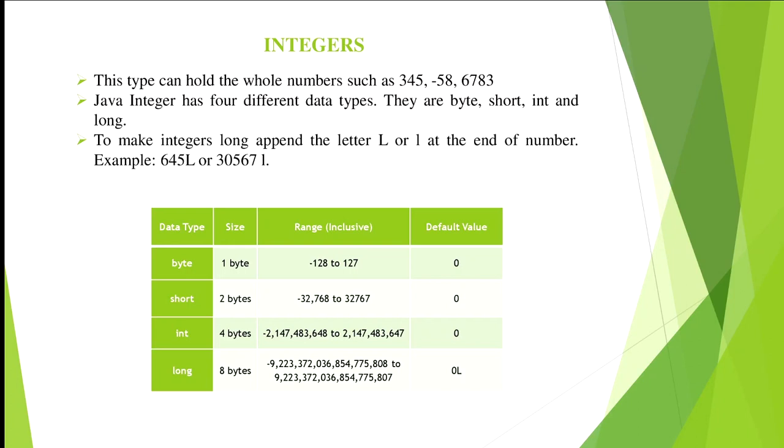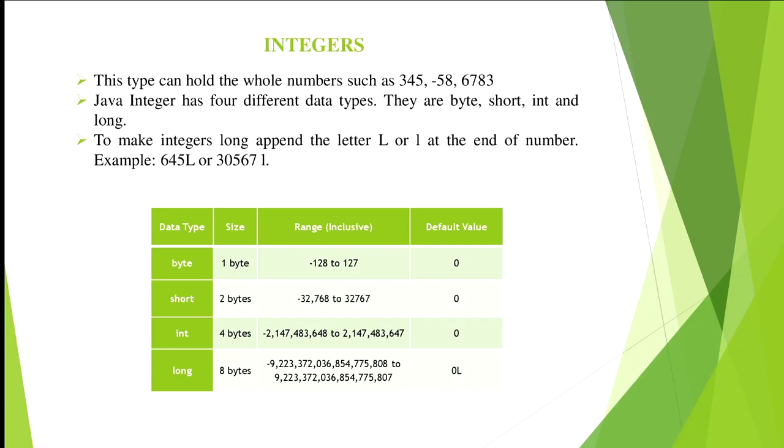See, in the example 645L or 30567l, if the capital L or the small l is appended at the end of number, then the compiler will recognize the particular value is of the long data type.